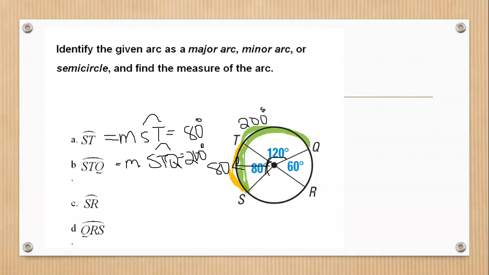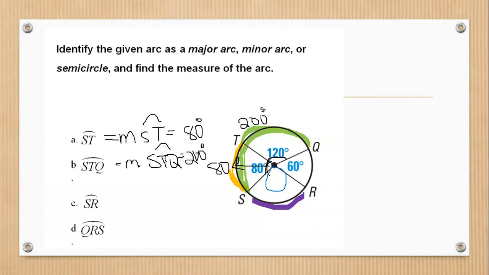All right, SR. So it's this little guy down here. Now that one doesn't have an angle measure inside, does it? That's not very nice. It's missing. But how could we find it? I'm guessing you guys know. The entire circle adds up to 360, right?